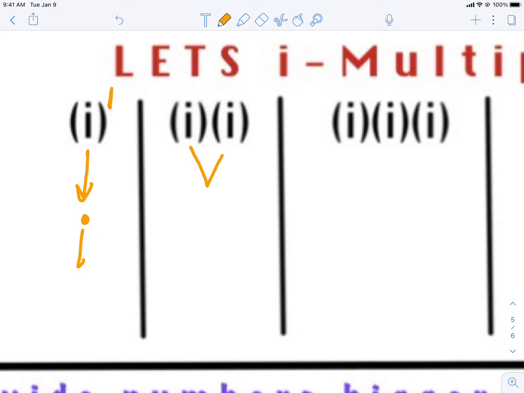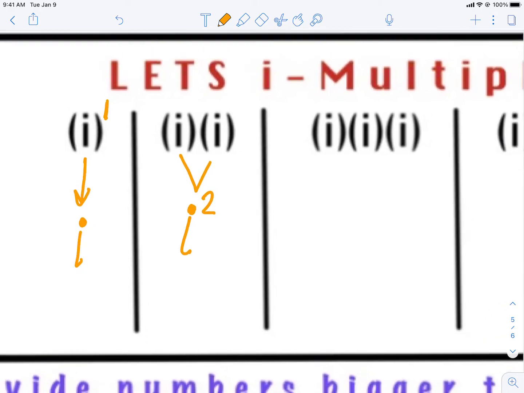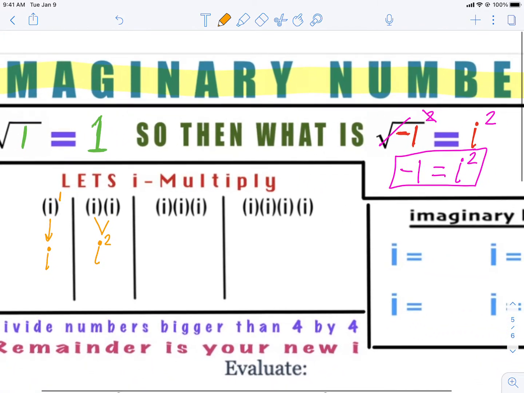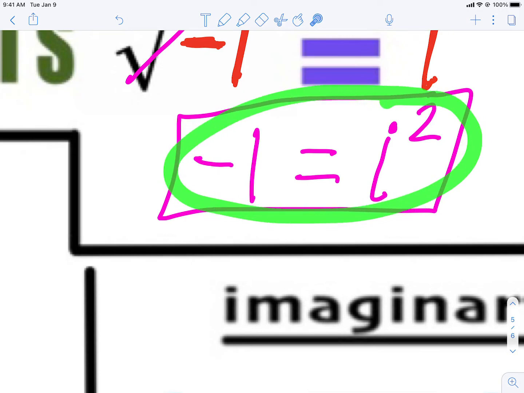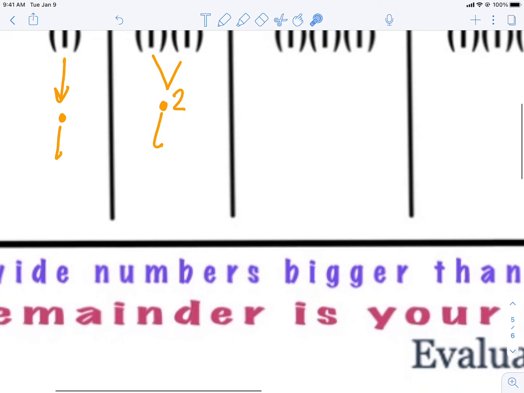So I times I is I squared, right? It's two i's. I times I is I squared. Well, remember that I squared is -1. So I squared becomes -1.